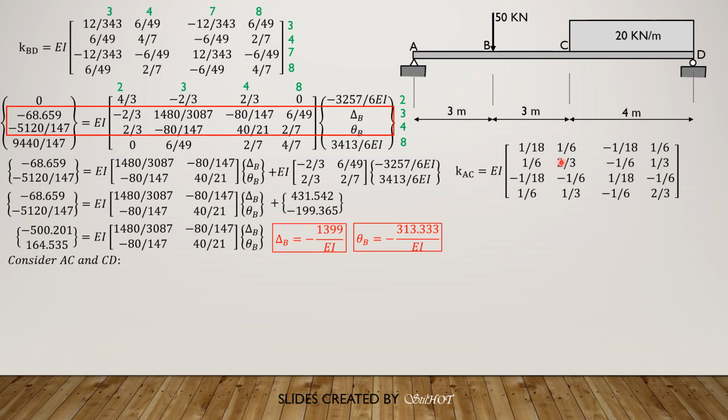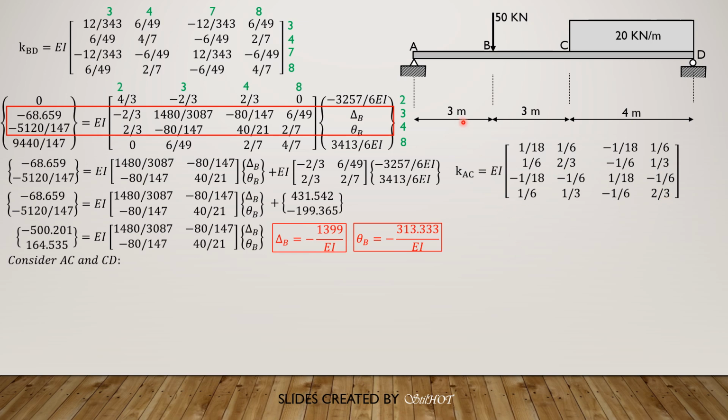This is 4 times 1 over 6, or 2/3. This is the negative of 1 over 6, and the next is 1/2 of 2/3, which is 1/3. Then the negative of the first row, then copy the second row, except that we interchange the second and the fourth elements. So that's the stiffness of AC.